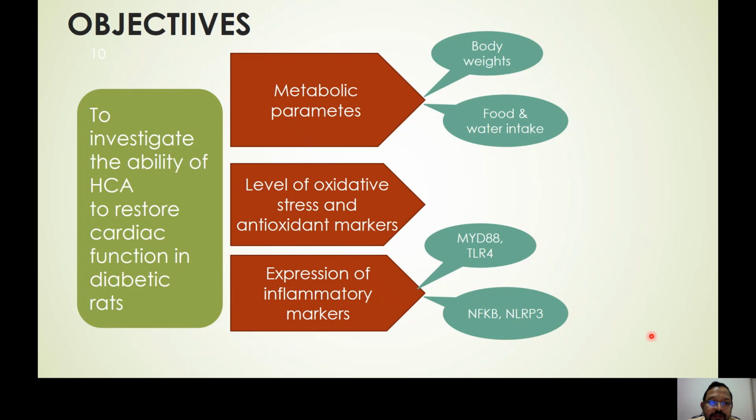The objective of the present study is to investigate the ability of HCA to restore cardiac function in diabetic rats by investigating the metabolic parameters, the oxidative stress and antioxidant markers, and also the inflammatory markers in the diabetic cardiomyopathy rats.